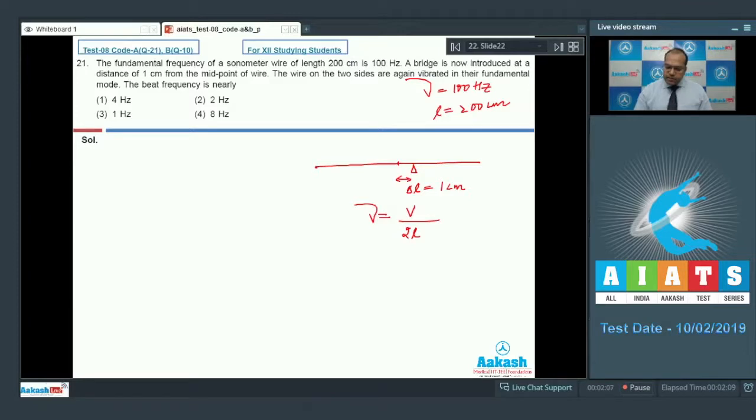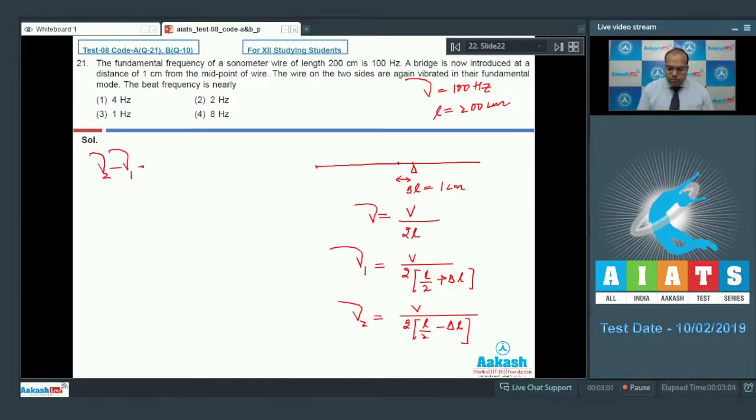In that case, one segment has a length L by 2 plus delta L. So its fundamental frequency nu1 can be written as V divided by 2 times L by 2 plus delta L. And for the other segment, the fundamental frequency nu2 can be written as V divided by 2 times L by 2 minus delta L. If I find the beat frequency, nu2 minus nu1 comes out to be 8 times nu into delta L by L. Substituting the data, 8 into nu is 100 into delta L is 1 and L is 200.